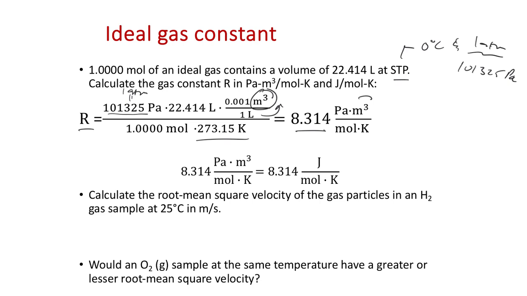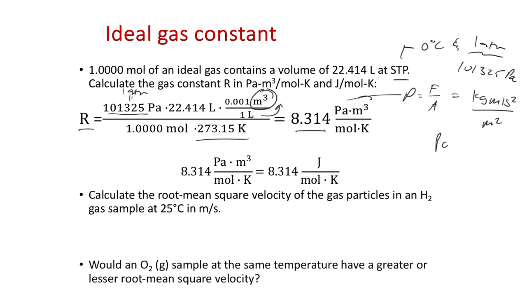Now, if we think about what the units of Pascal are, remember that a unit of pressure is a force exerted onto a square area. You probably don't have to derive this for your test, but to remember the units of a Pascal: a force is a mass times an acceleration, and the area is a meter squared.